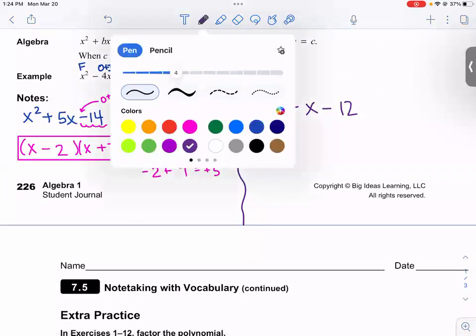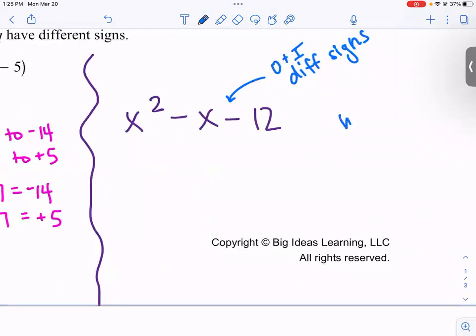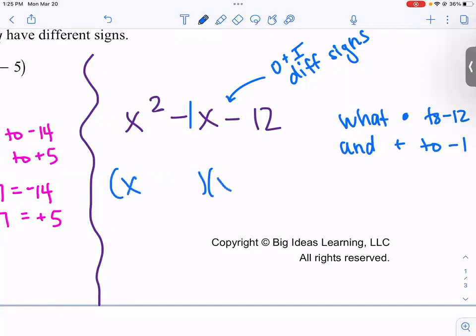Okay. Now, notice how since our last product is negative, we know O and I will have different signs. One's going to be positive, one's going to be negative. So when we're thinking about what multiplies to -12 and adds to -1, this is like a 1 right here. I need two numbers, one positive and one negative.